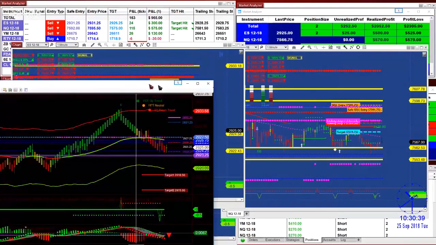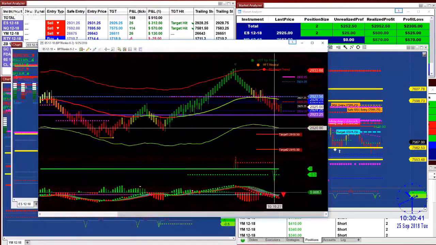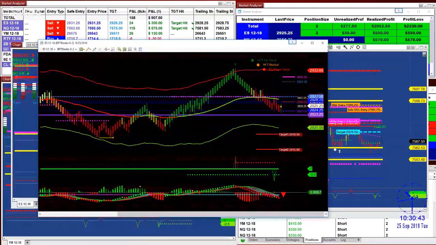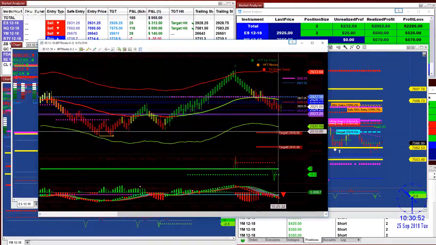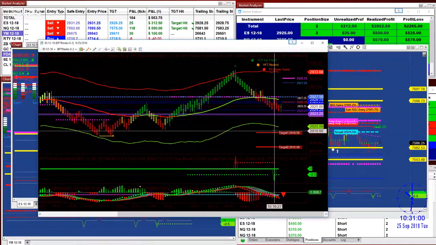So the only time we can reverse this ES for long is if this ES is able to break that area here, and a drop on the first target. So this is one option. We can take a reversal and carry that ES from the bottom all the way to the top.